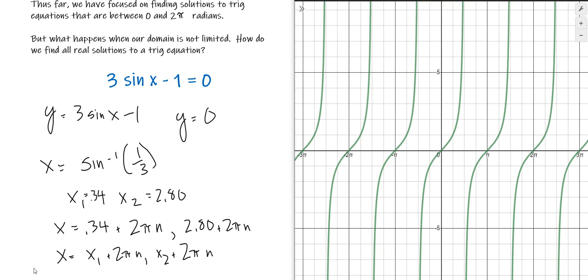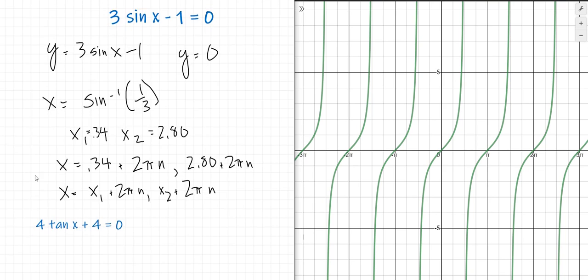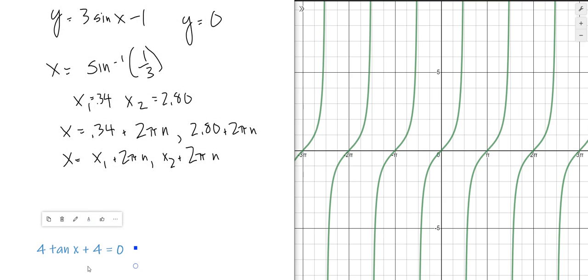So whereas for the sine and the cosine, I can write my general form as x equals x1 plus 2 pi n, x2 plus 2 pi n. For the tangent, I can have it much simpler than that. So this is sine and cosine.